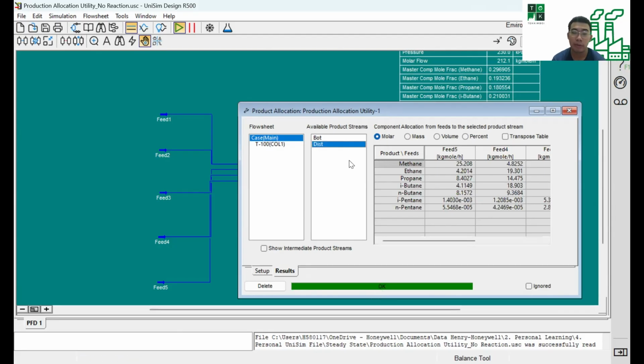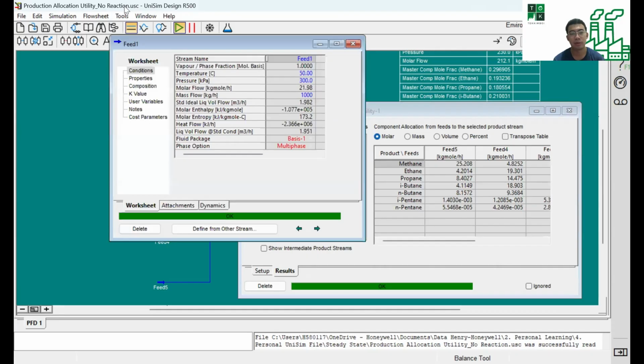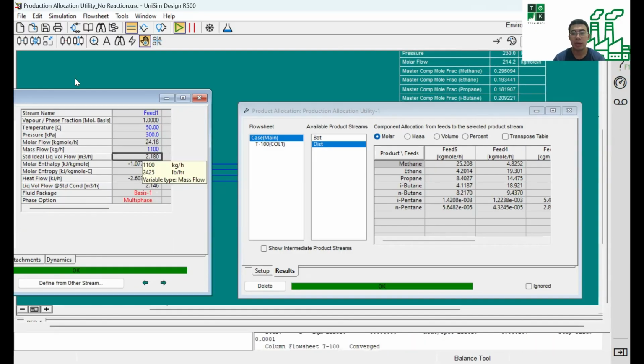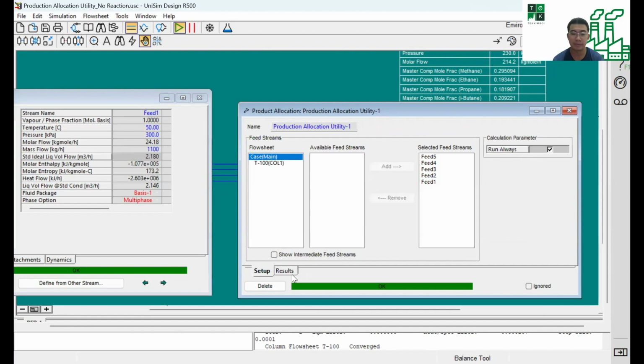Then it will show OK. And if I have an update, for example I change this into 100,000, then the production allocation utility will automatically calculate the result because I checked run always.